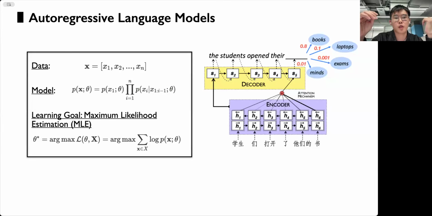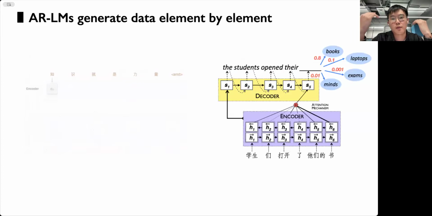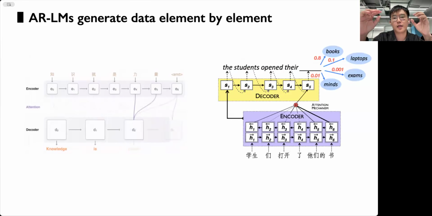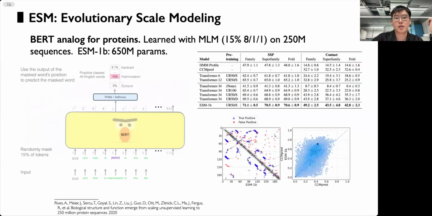So language models can be used to model protein sequences, and the widely used language model in NLP is the autoregressive language model, which generates data element by element. If you have structured or sequence data, you generate data with a predefined order, and learn data element by element. And for protein data in particular, you have ESM, the evolutionary-scale modeling.